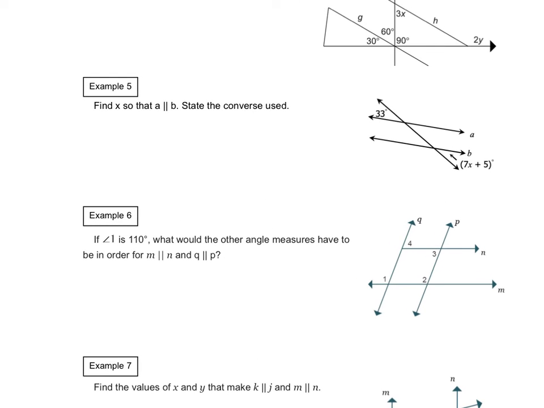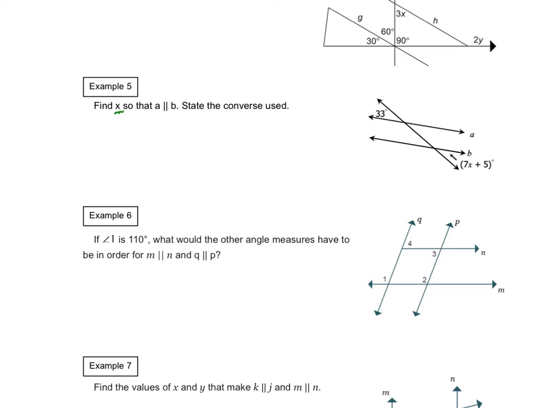Number 5 says find x so that lines A and B are parallel. State the converse used. Well, this angle and this angle, as a reference, if these turn out to be parallel, then those would be alternate exterior angles.